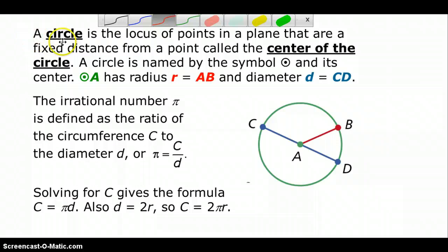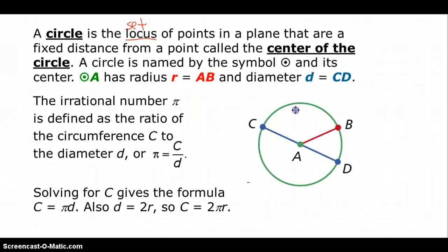Here we're talking about a circle. We're going to define what a circle is. The word locus means set. So a circle is the locus, or set, of all points in a plane that are a fixed distance from a point. That point we call the center of the circle.